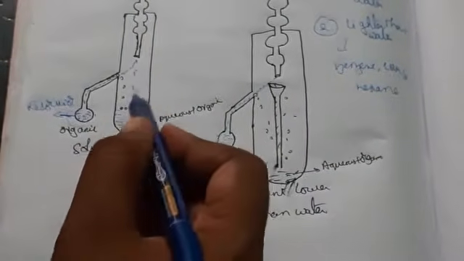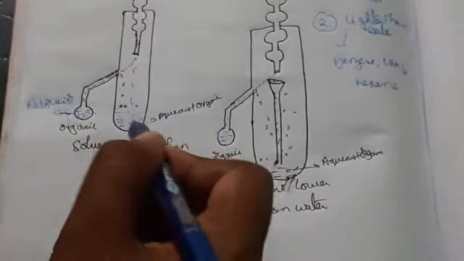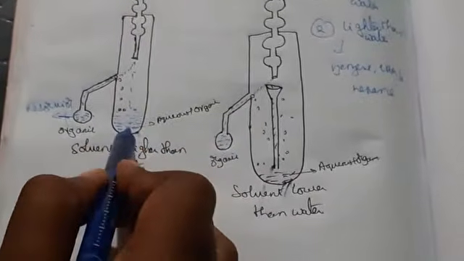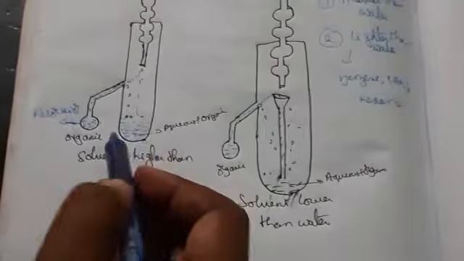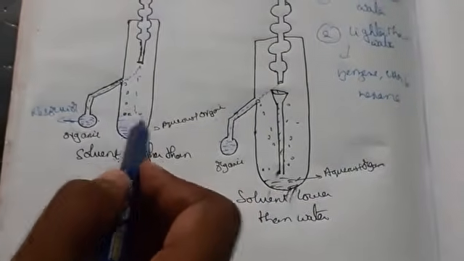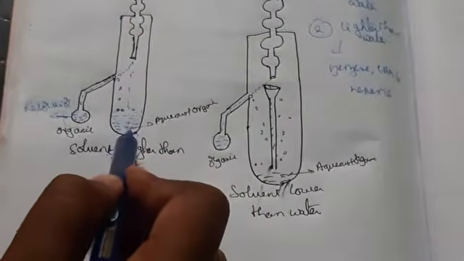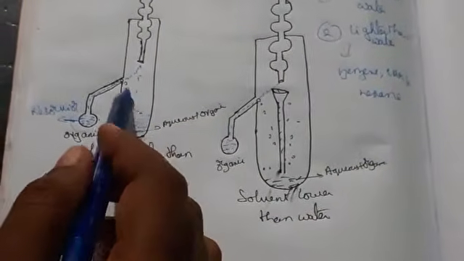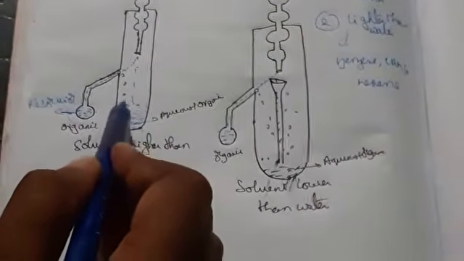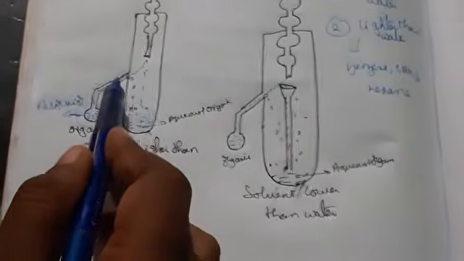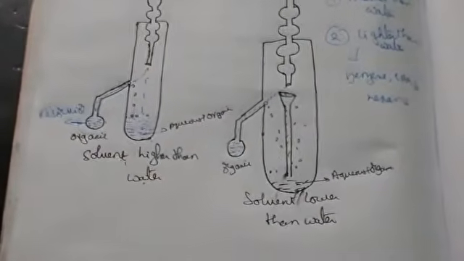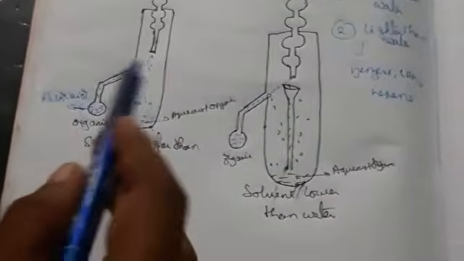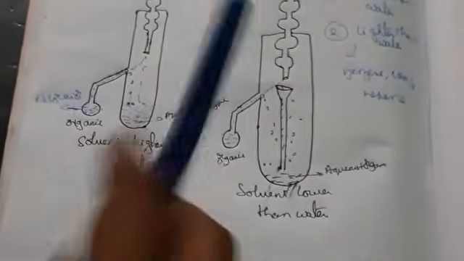Means the water droplets are falling into the organic compound, so the water is mixing with the organic. Then again the organic compound is releasing vapors and passing through to the reservoir, and the process is repeating here continuously.